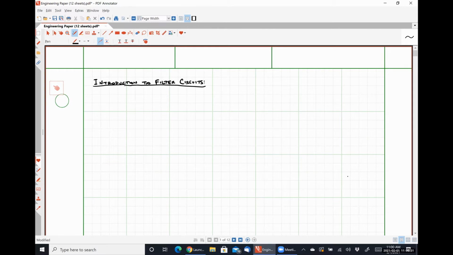Getting rid of distortion? Yes and no. What I mean by that is a filter is something that's used to get rid of a certain frequency or range of frequencies. So if distortion is occurring over those frequencies, then yes, you're correct.